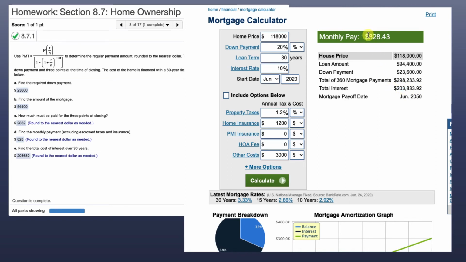Because it's using 828.43. It's not rounding to 828. And so this is an exact amount of interest. What we had to do in the homework was use the rounded value. And so that's why it's a little off. But this would be the exact amount of interest. So this is pretty nice on the website. It's a little more slick. Okay.